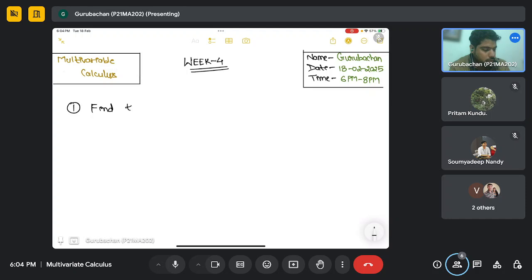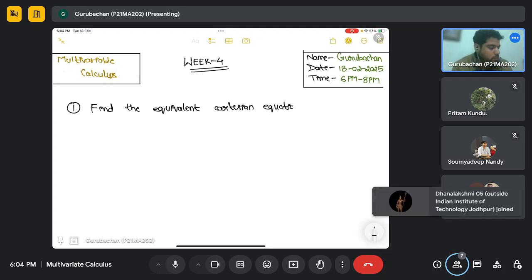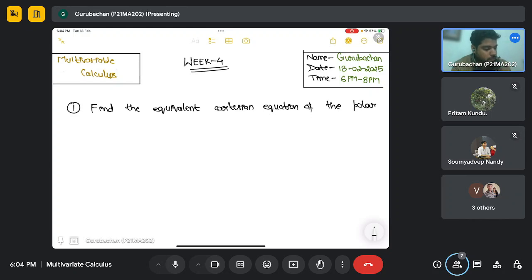Find the equivalent Cartesian equation of the polar equation r is equal to 3 by sine theta minus 5 cos theta.